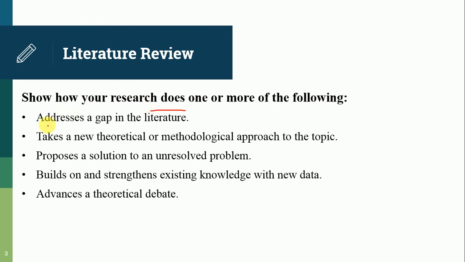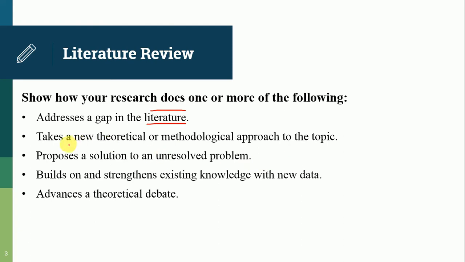The first one is address a gap in the literature. As I said previously, there is existing research, but that research has this gap, so you should clearly state that gap in your literature review. The next one is take a new theoretical or methodological approach to the topic.